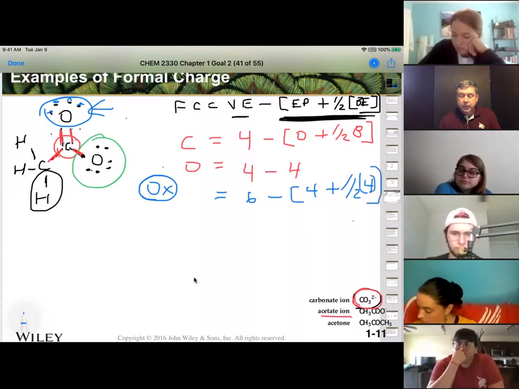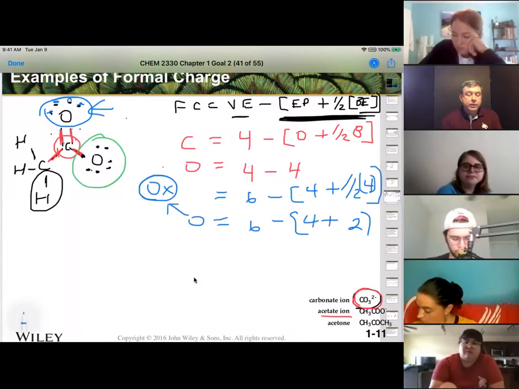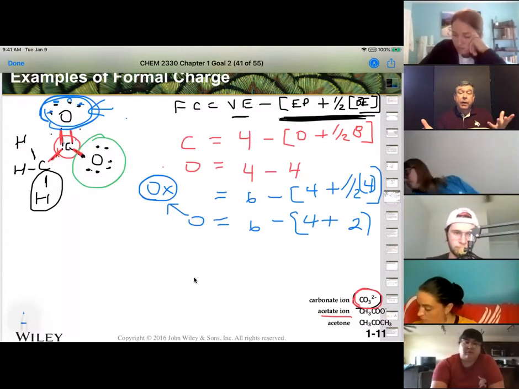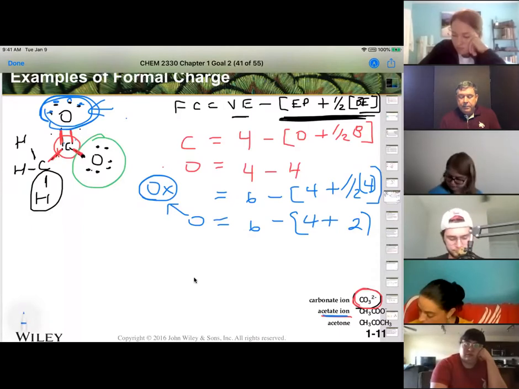So that makes 2 plus 4, 6, and 6 minus 6 is equal to 0. So the oxygen here on top has a formal charge of 0, and the carbon has a formal charge of 0, but we know it's an ion because we called it an ion.